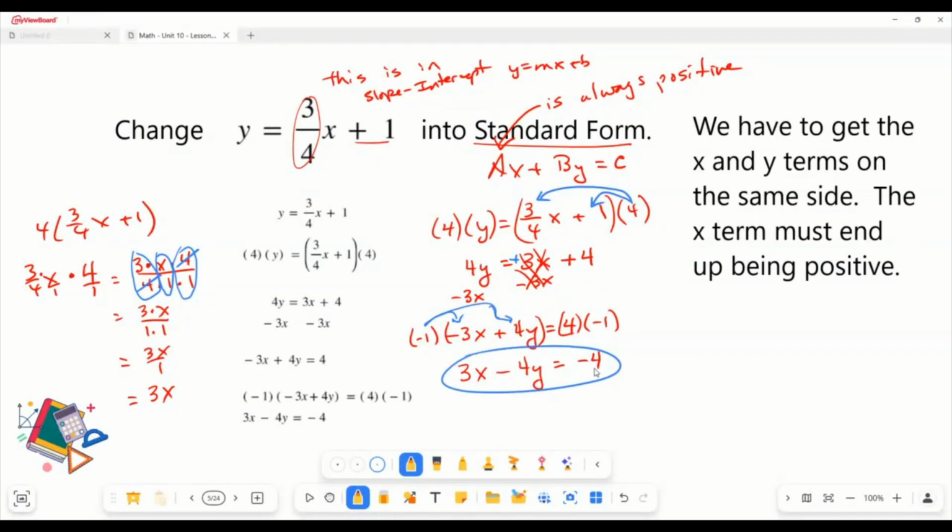There is the standard form for this equation. This is slope-intercept. This is standard. Have to be able to go back and forth.